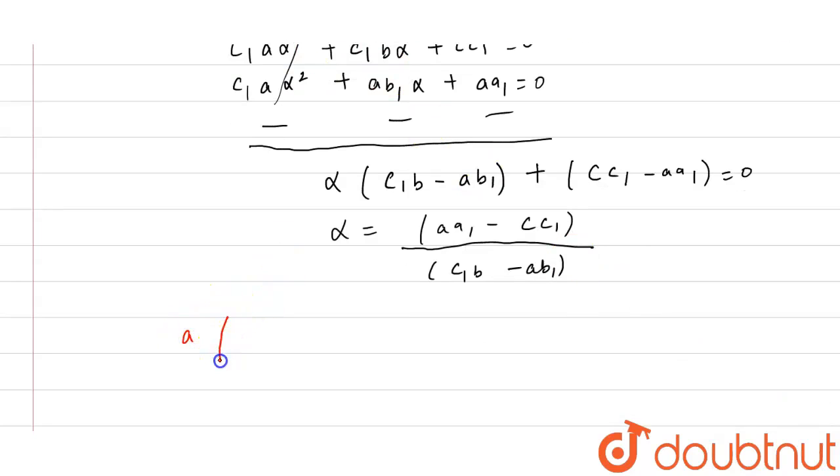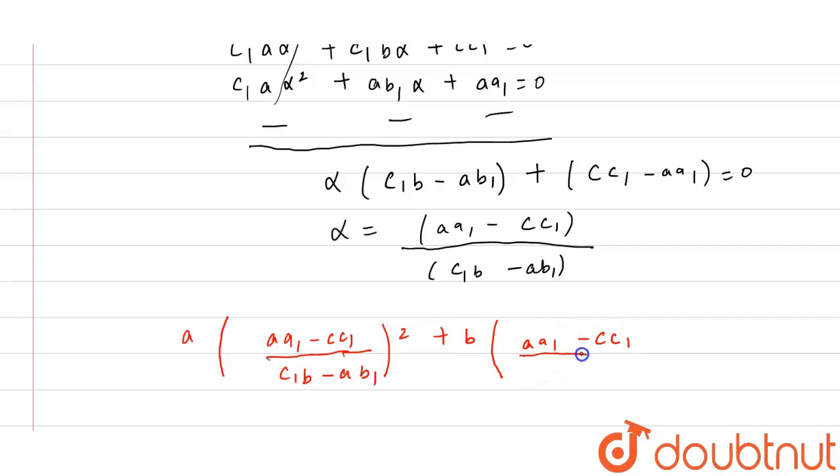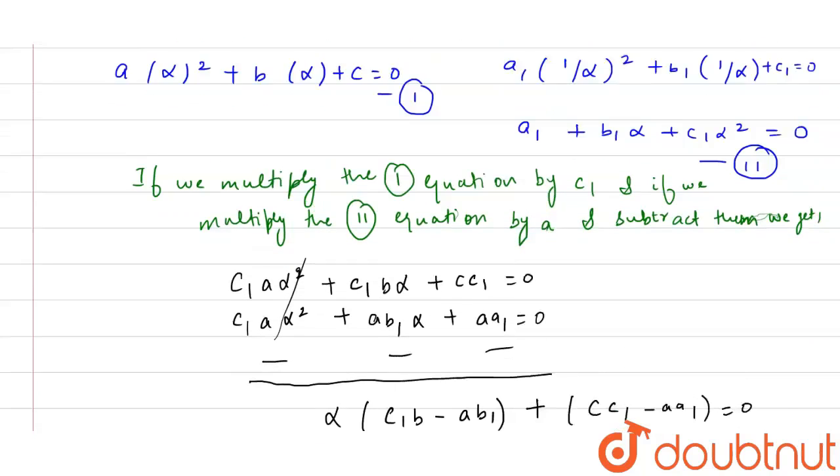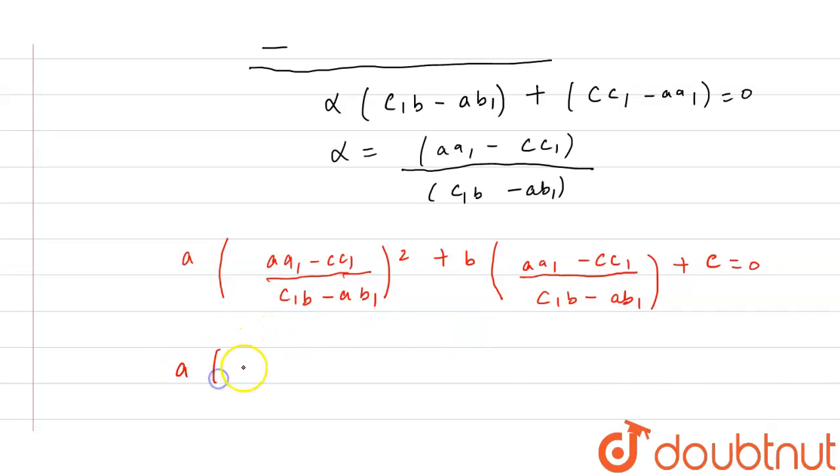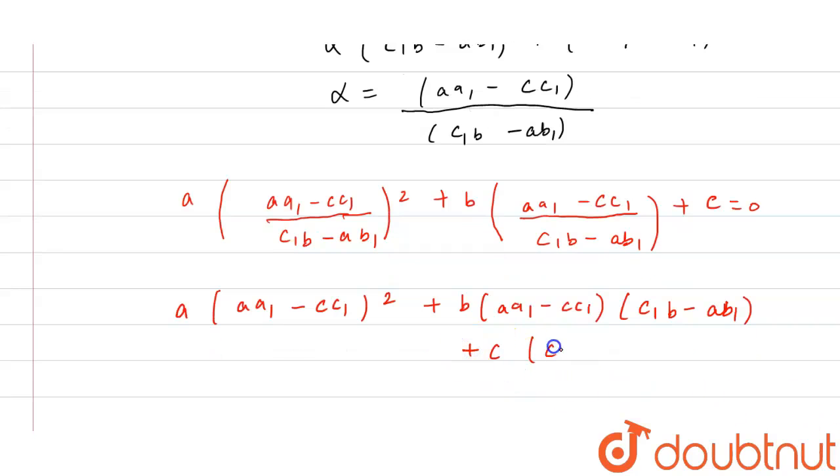We get a times alpha square, where alpha square is (a1 minus c1) divided by (c1b minus ab1), whole square, plus b times alpha, that is (a1 minus c1) divided by (c1b minus ab1), plus c equals 0. Taking the LCM, we get a multiplied by (a1 minus c1) whole square plus b multiplied by (a1 minus c1) multiplied by (c1b minus ab1) plus c multiplied by (c1b minus ab1) whole square equals 0.